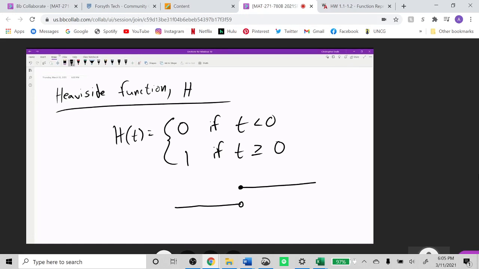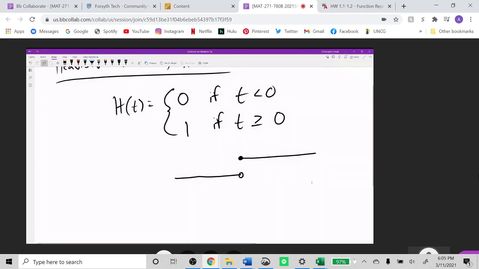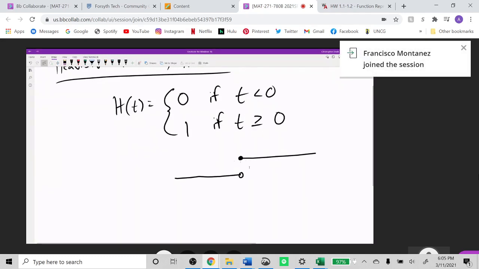You understand the function, but not how it plots on the graph. So this is a piecewise defined function, it's saying that my y values are 0 if t is less than 0, and my y values are 1 if t is greater than or equal to 0. There's a jump here between these y values.